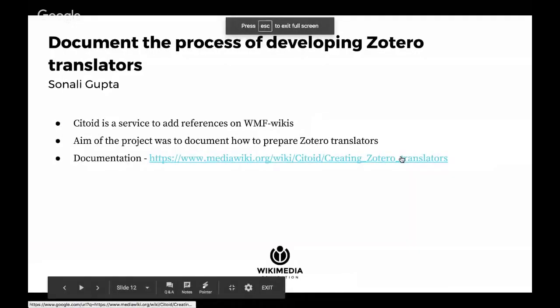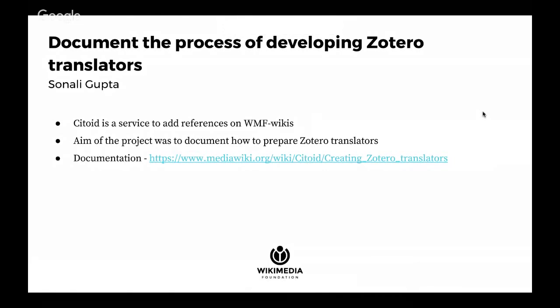Okay, so basically we have a service called Citoid that allows users to add citations to Wikipedias, and it has made it very easy for people to add citations through URLs and DOIs. Pretty easy because of the UI.